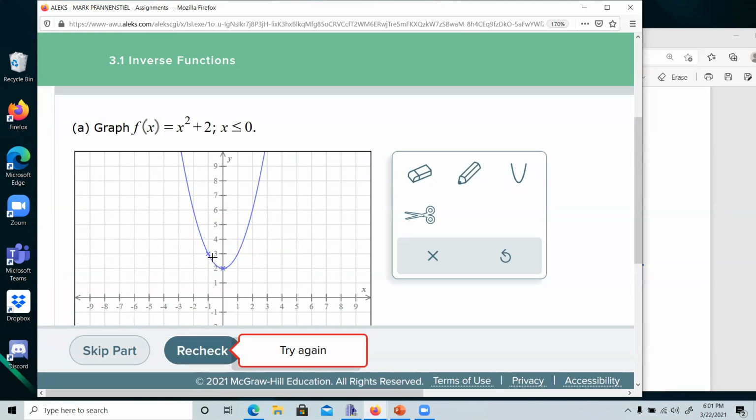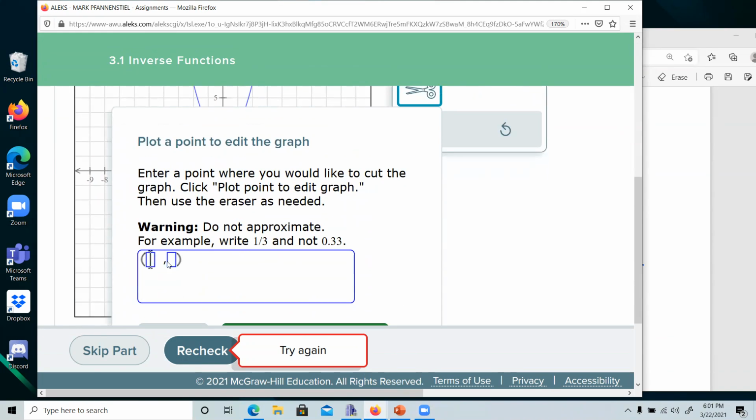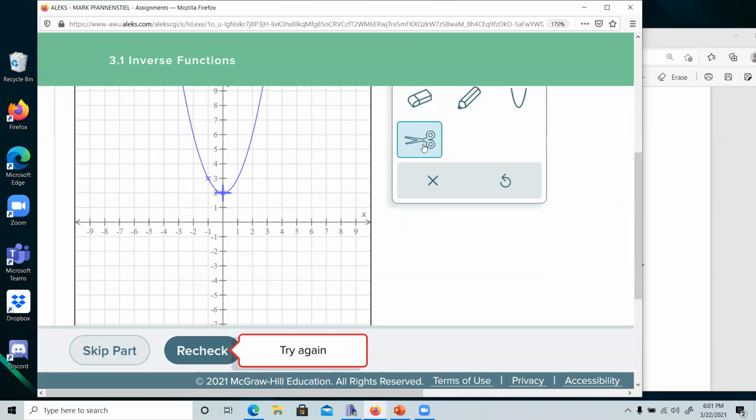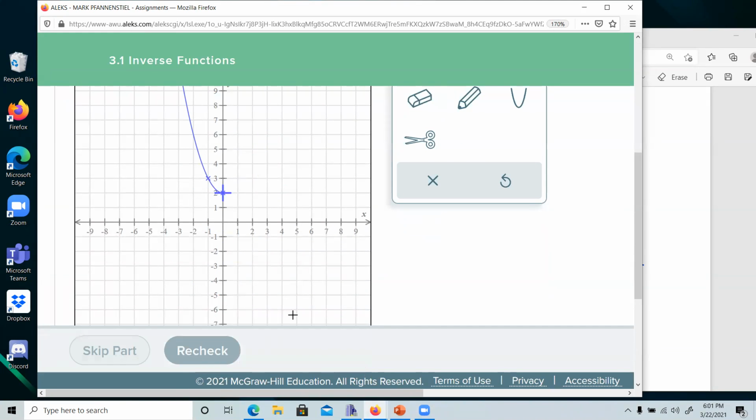oh, I know why. Okay. We have to snip. Pick a point we would like to cut this thing. 0, 2. All right. Plot the point there at the graph. And then we're going to erase that half of it. Didn't realize that they were going to make me do all of that. And now we'll recheck it.